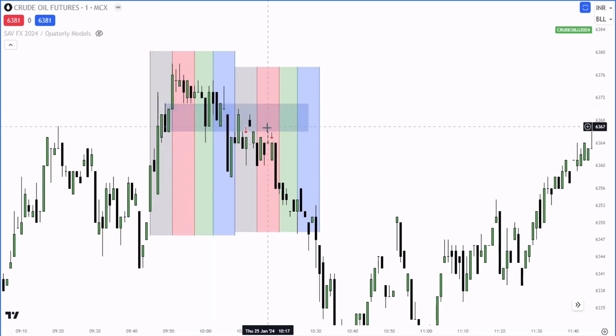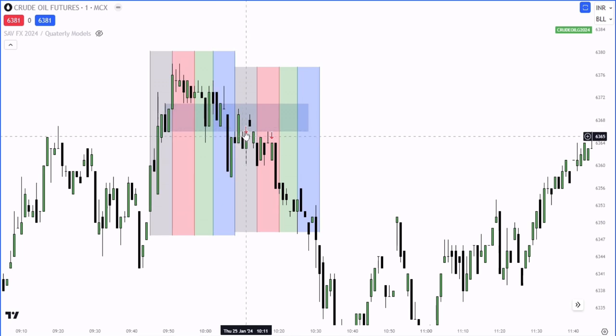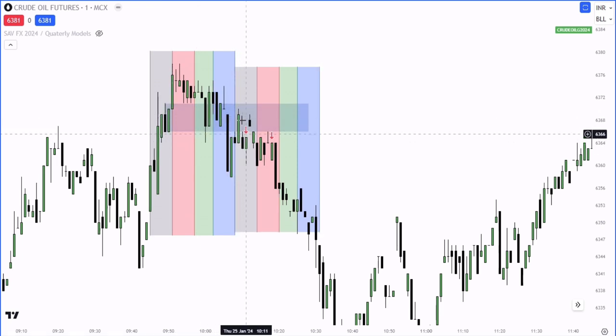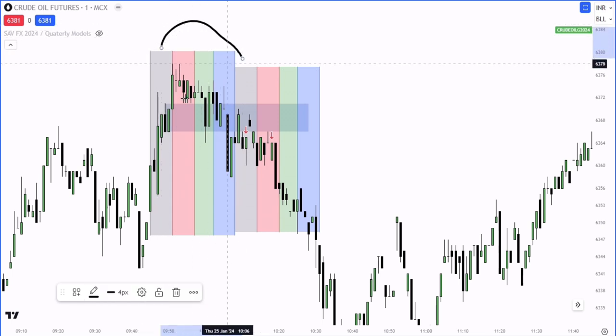I just scaled in here as soon as I saw price tapping in within Q2. So that was just me scaling in. This is initially how I trust breakers. They all have to be time-based, meaning that if my entry within the next cycle or the next quarter is going to be high probability, it needs to be reacting based on the same time range, meaning that it needs to be reacting based on the same quarter range.